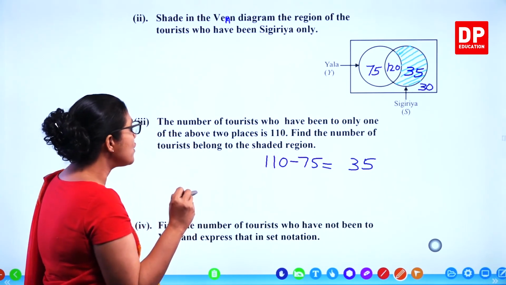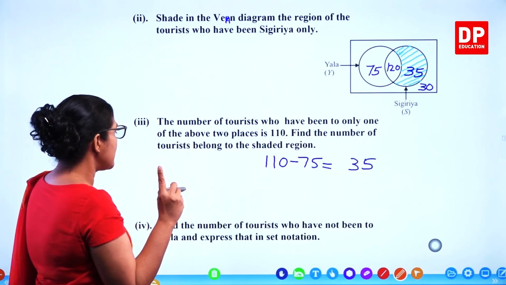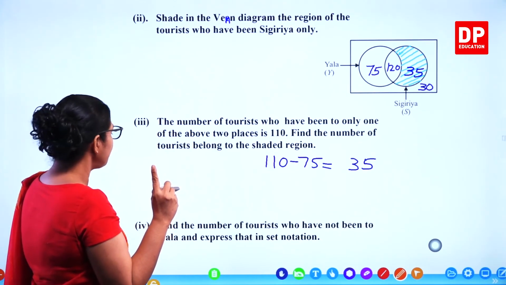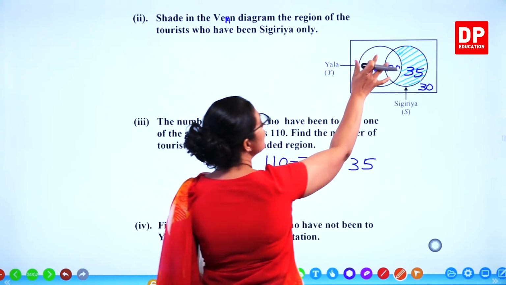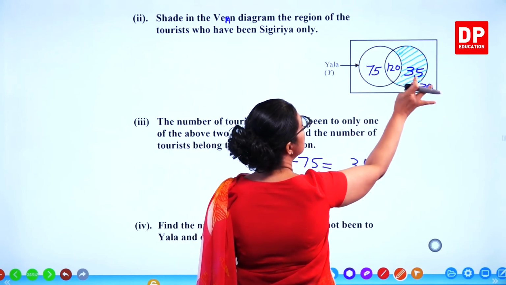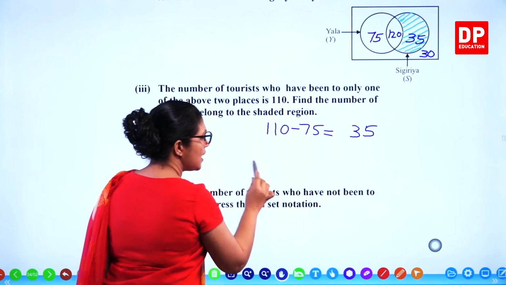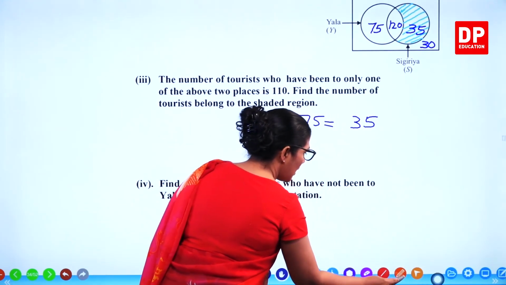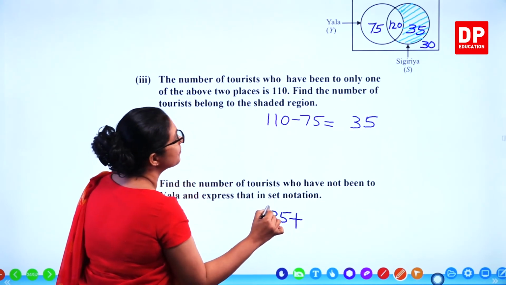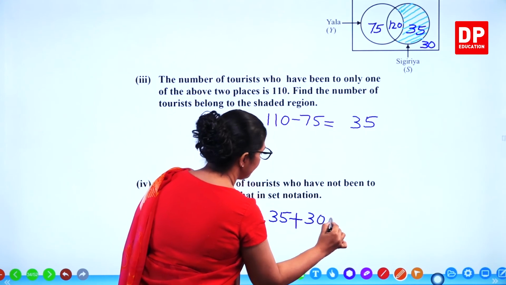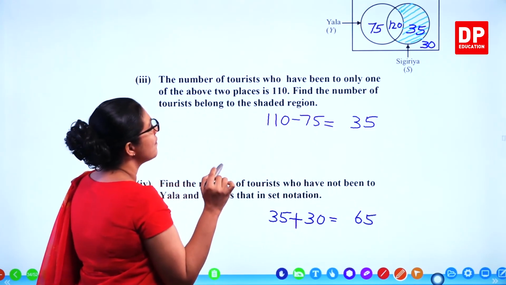Find the number of tourists who have not been to Yala and express that in set notation. Who have not been to Yala. So close the Yala circle. 35 plus 30, that's 65.